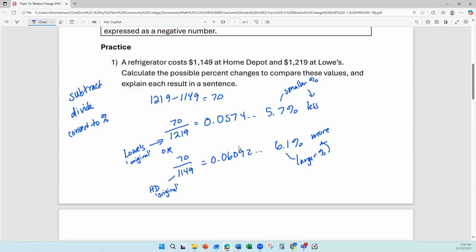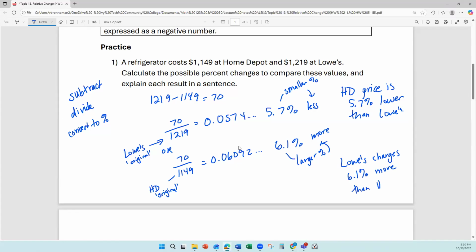So we can say Home Depot's price is 5.7% lower than Lowe's. We could say that Lowe's charges 6.1% more than Home Depot.